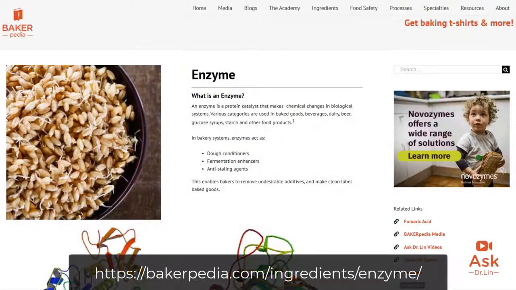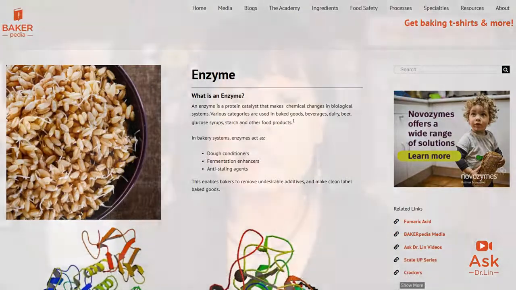The enzymes that you use in your doughs are commercially obtained. In this instance, enzymes are produced by fermentation. Yes, the same kind of fermentation that you use for making beer, cheese, and kombucha. Just by controlling heat and time, food-grade microorganisms such as bacteria and fungi are used to produce these enzymes.